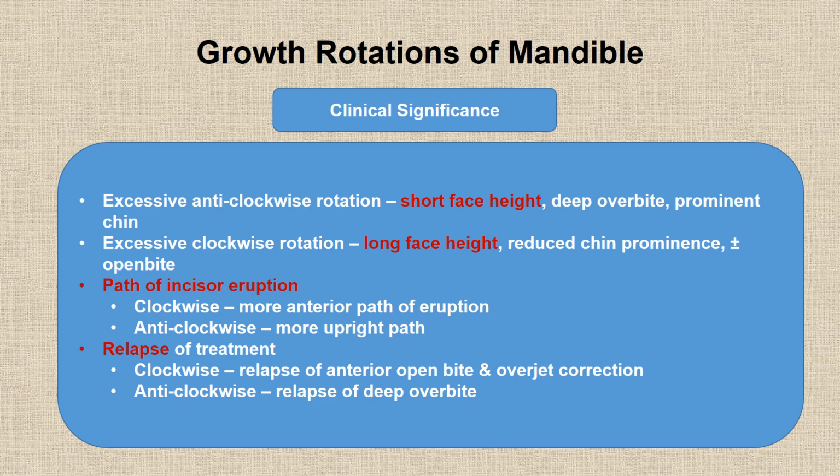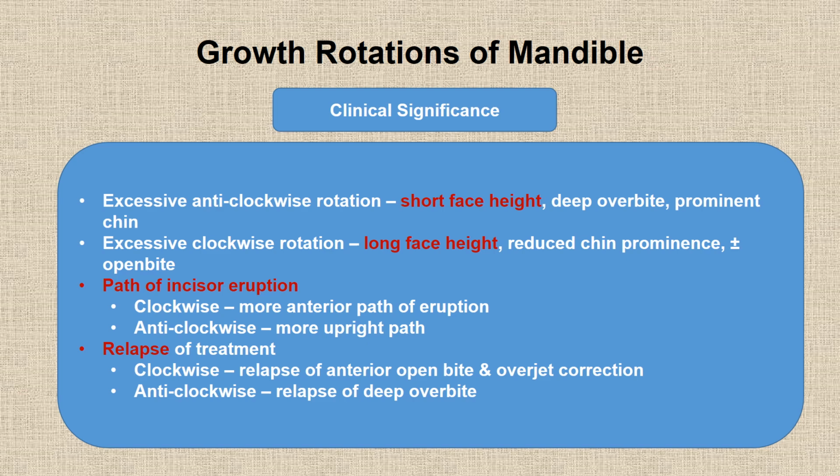The patient tends to have a deep overbite and a prominent chin. Now, the excessive clockwise rotation on the other end results in what is known as long face syndrome, whereby the vertical facial height is increased, there's reduced chin prominence, and an open bite.